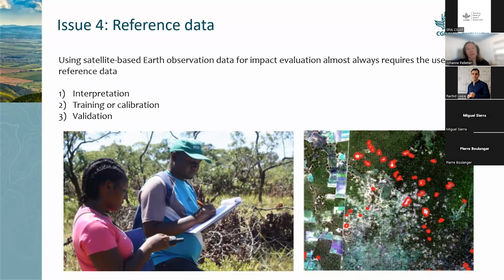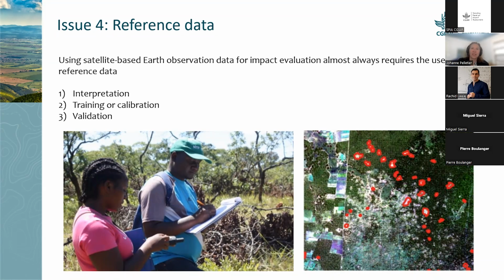Another element that has been important across the project is the theme of reference data. Definitely reference data is a key issue for remote sensing in general and in impact evaluation.